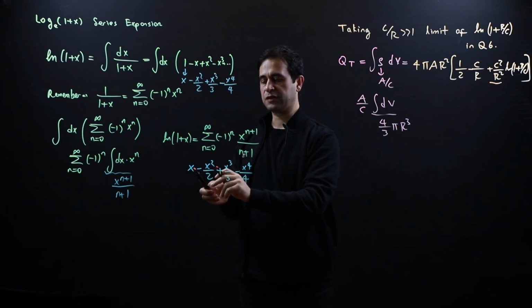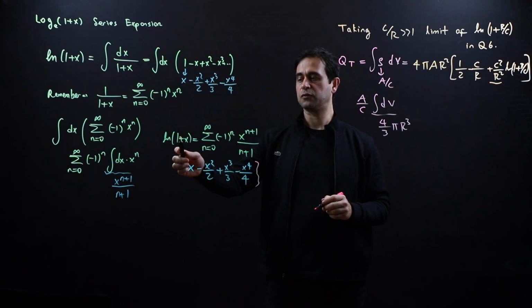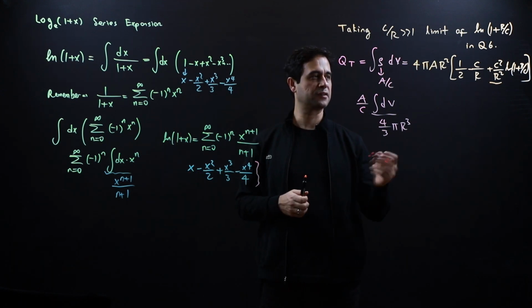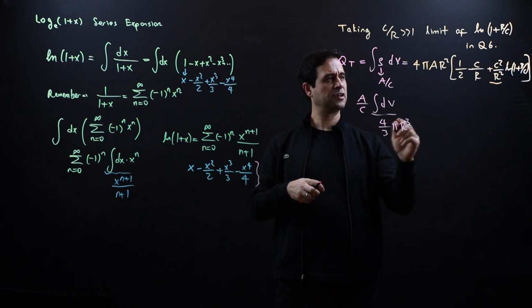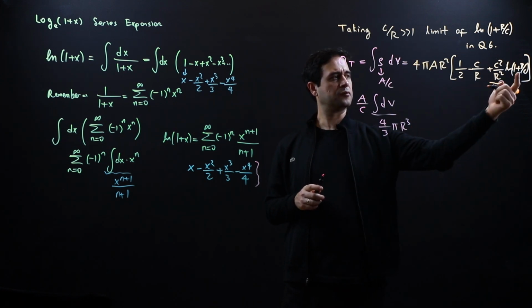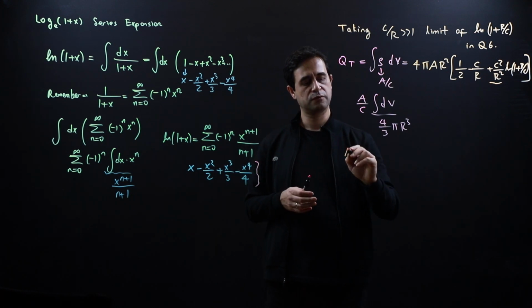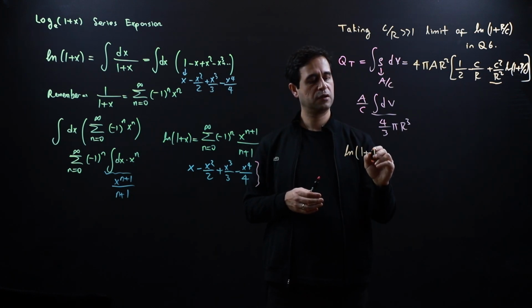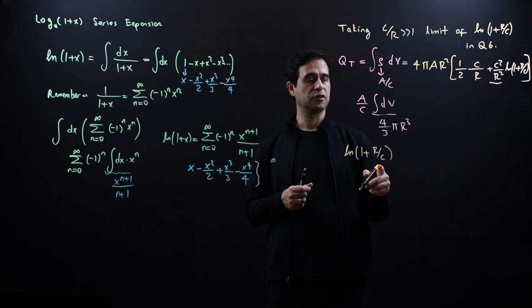So we are going to use the series expansion of logarithm of 1 plus x in here. So let me write it here, logarithm of 1 plus r over c. We are taking the limit of r over c being small, right?